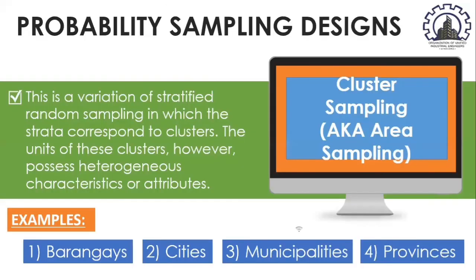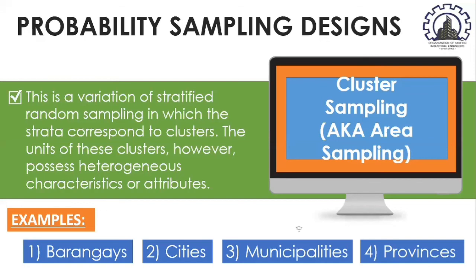And another probability sampling design is what we call cluster sampling. This is also known as area sampling. When we say cluster sampling, this is a variation of stratified random sampling in which the strata correspond to clusters. The units of these clusters, however, possess heterogeneous characteristics or attributes.